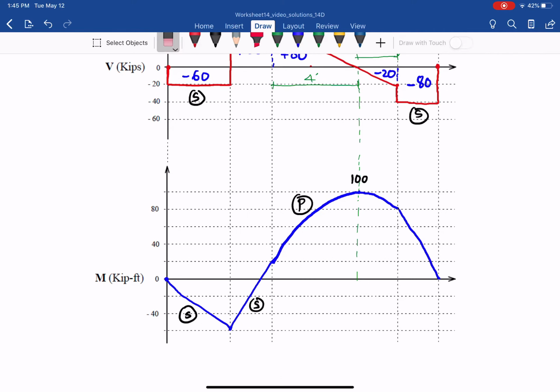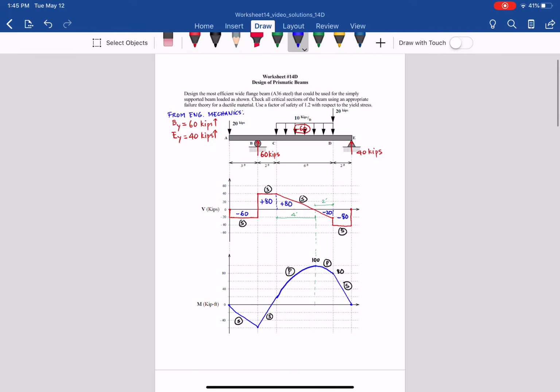So we have this point at 80 kip-feet, and that one is parabolic, and this one is a straight line. Let's make sure it's a straight line, okay, and it closes at 0. That's perfect for our diagram.